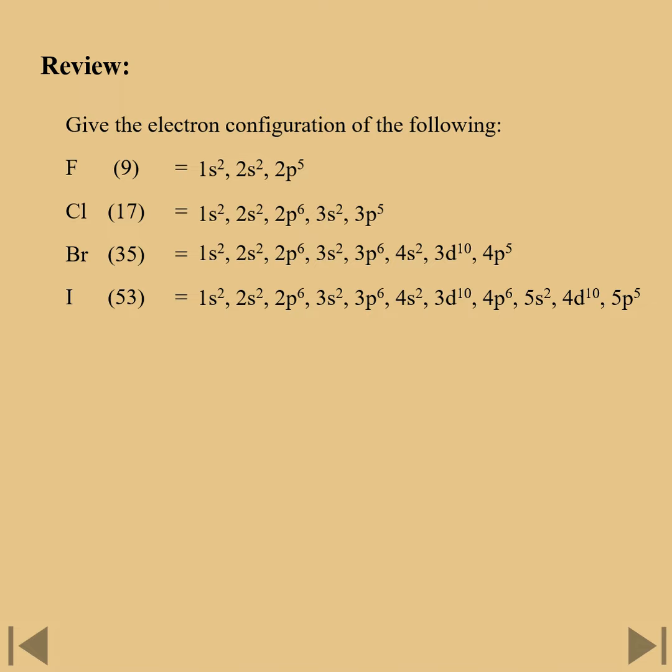And they all needed just one more to fill it up to be like that next noble gas. And I hope we're seeing how this is relating to chemical reactivity and why elements are reacting the way they do so that they can obtain the electron configuration of those very stable noble gases.